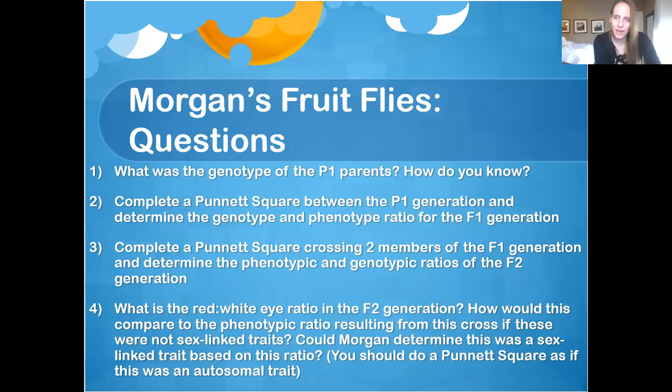And then the female could have been either homozygous dominant for red eyes or heterozygous. But because all of the children ended up with red eyes, we know for sure that she was homozygous dominant. If she was homozygous recessive, she would have passed on that recessive trait to some of her sons at least, and they would have had white eyes. So this is kind of what that should look like.